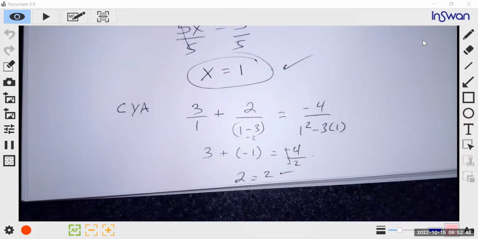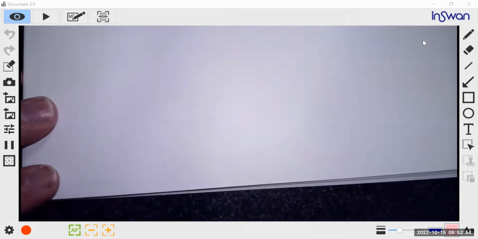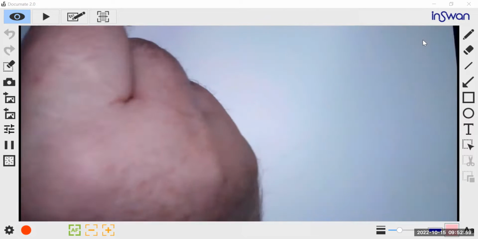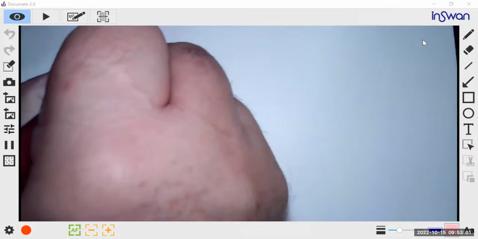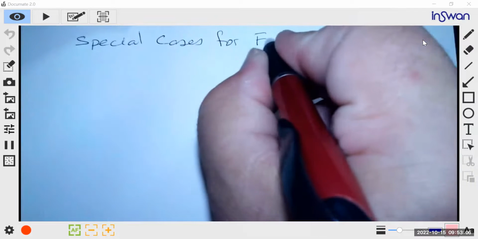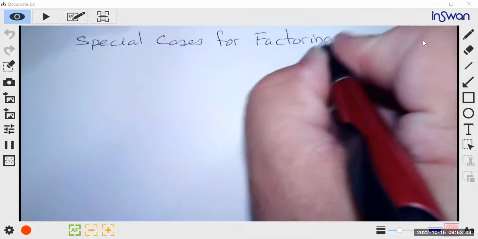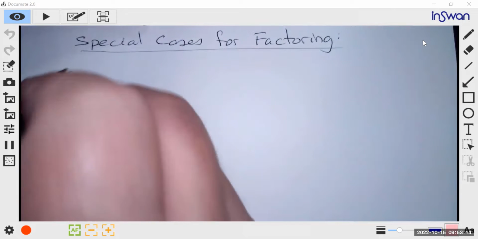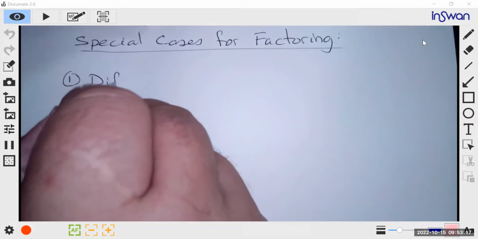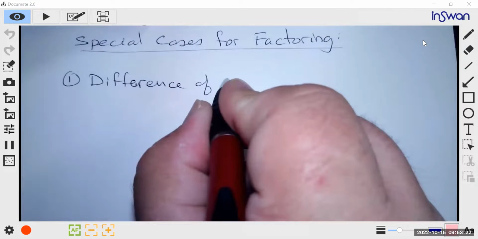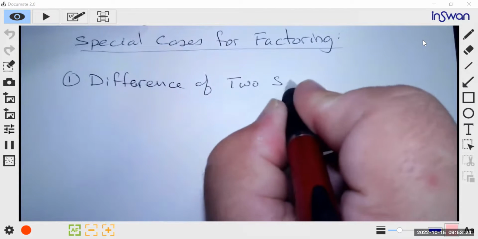There are 3 special cases I forgot to talk about when it comes to factoring. The first one: the difference of 2 squares.